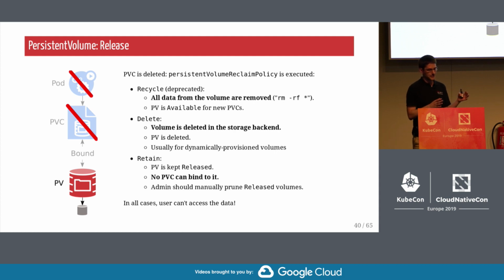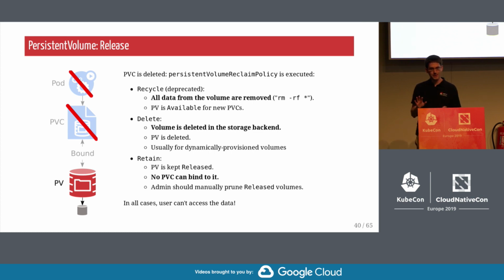It doesn't work well with different NFS servers and so on, so it's deprecated. It may work for you, but expect troubles. The more useful policy is delete, when Kubernetes just goes to the storage backend, deletes the volume there, deletes the persistent volume object in Kubernetes, and the volume is deleted.